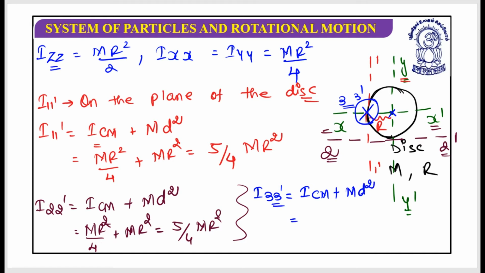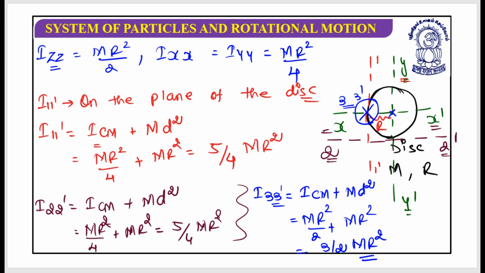And as it is parallel to the IZZ, the IZZ has a value of mr square by 2 plus mr square, that is equal to 3 by 2 mr square. I hope this is clear.